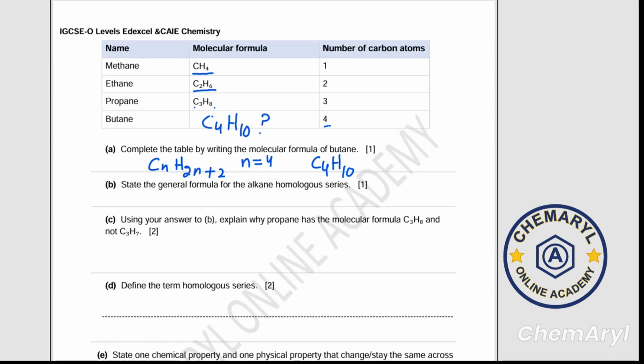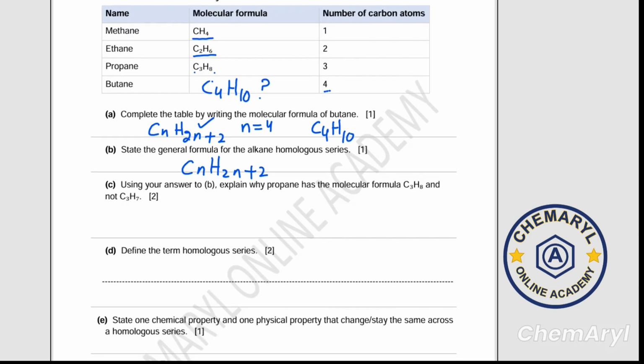Okay. State the general formula for the alkane homologous series. I wrote here CnH2n+2 is the general formula for the alkane family. Using your answer to part B, explain why propane has the molecular formula C3H8 and not C3H7.